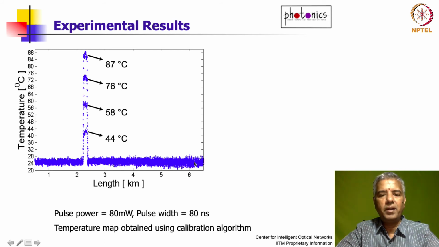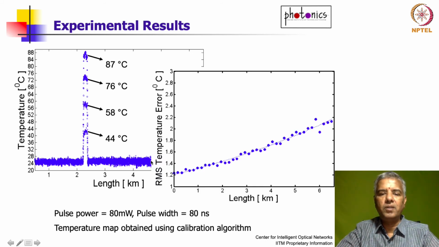So because of that, you have a very low level of light, the signal to noise ratio is poor, and you do have higher uncertainty in the temperature measurement over here compared to here. So this is a plot of the RMS temperature error as a function of distance, and what you can see clearly is that as you go to longer lengths, you will have higher errors with respect to your temperature measurement.